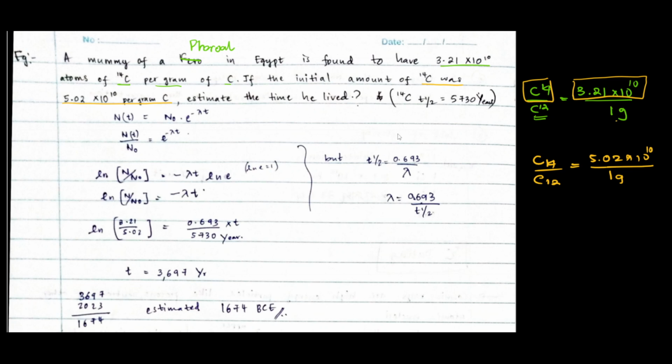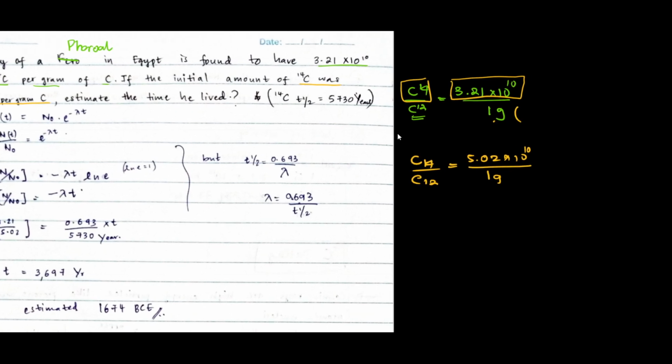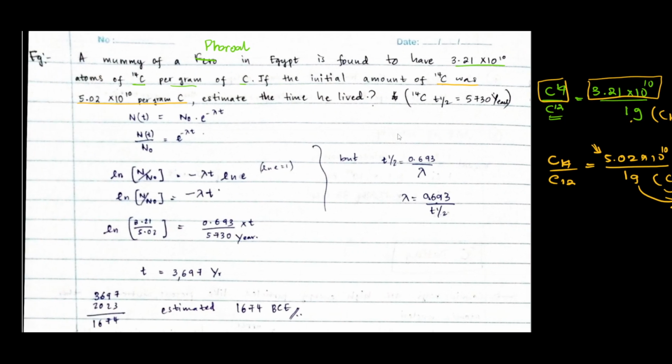Here, a gram of carbon in the sense it contains C14 and C12 together. So if you have 1 gram of carbon, it is going to have this amount of C14. Now we have to estimate the time he lived. The half-life of carbon is given. So let's see how we can do this question.